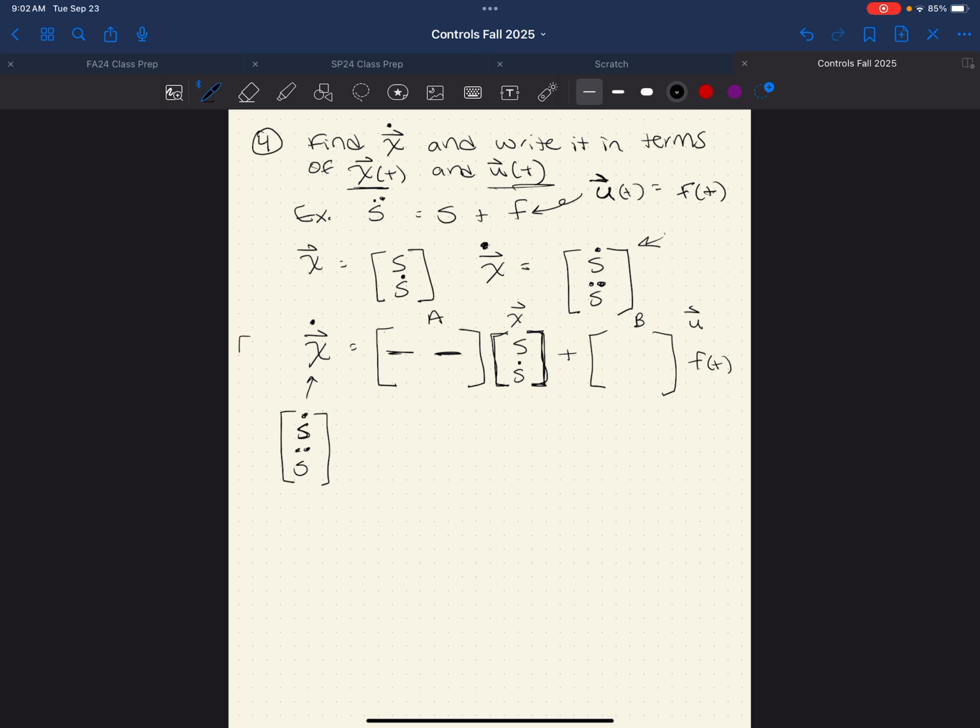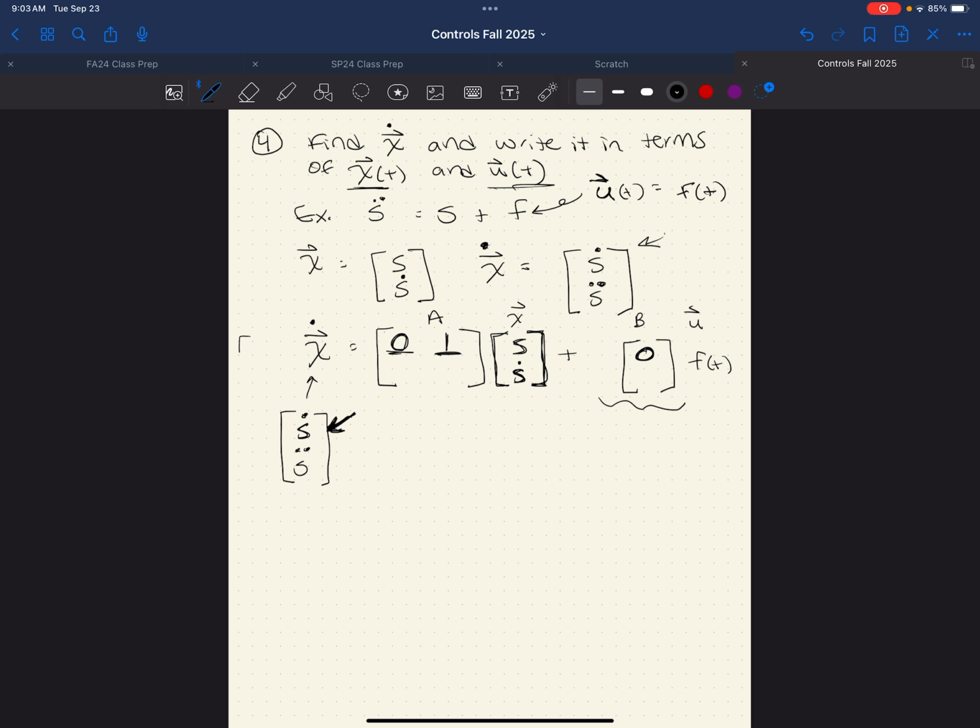That is what forms that first row of x dot. So are there any s's in here? No, it's just an s dot. So we'll multiply s times 0. Are there any s dots over here? Well, yeah, that's what's right there. So let's multiply s dot times 1. Now let's look over here. Are there any f's in this first row of x dot? Well, no.